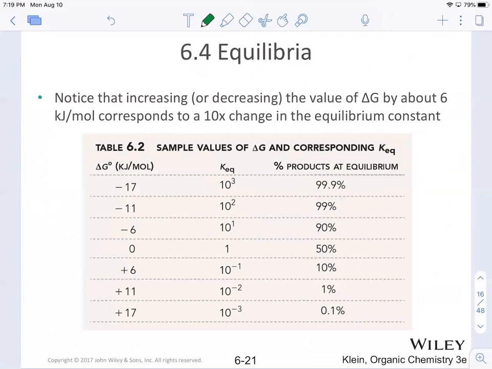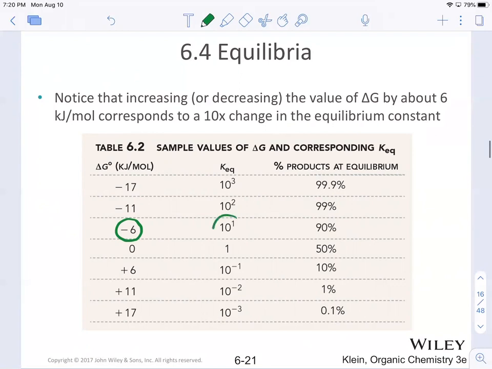What this actually means is here are some sample values just to understand why things aren't always 100% yield at the end of the day. Even if you do the experiment perfectly, correctly, every single time, you're a brilliant organic chemist, I know it. But it doesn't mean that the molecules are actually going to produce 100% product. So even with a delta G of -6, that's negative, that's spontaneous.